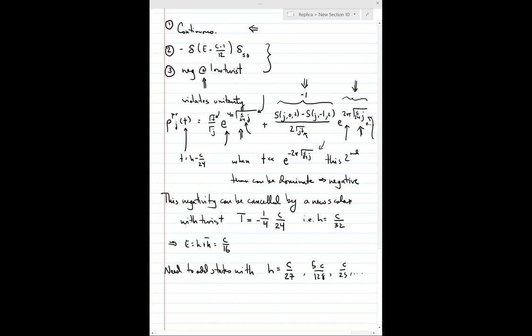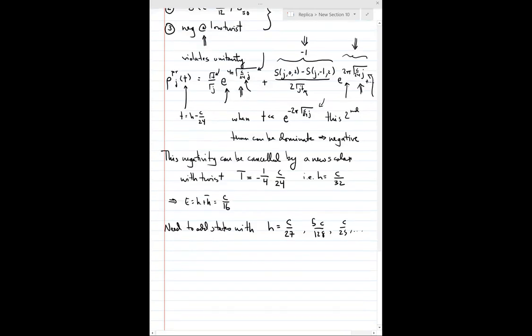So Alex, does this need to be added at every j or just at j equals 0? So the proposal that I am making here, and this is just a sort of minimal assumption, is that we should add scalars with whatever energy is as large as possible that still cures the negativity.